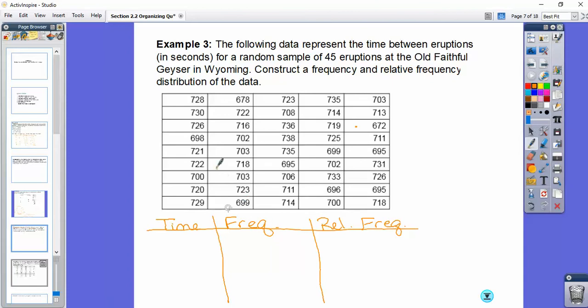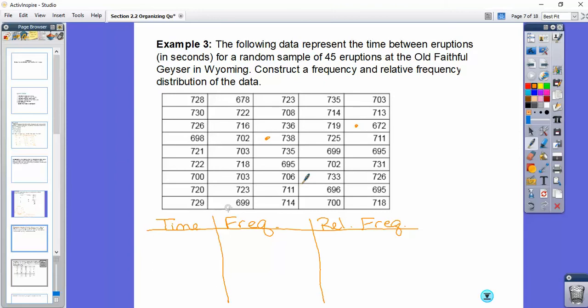My biggest one, let's see, 736. So we have to figure out some way to group these to hit everything between my 672 and what, 738, is that the biggest? That's the biggest one I see. Okay. So you can divide those.